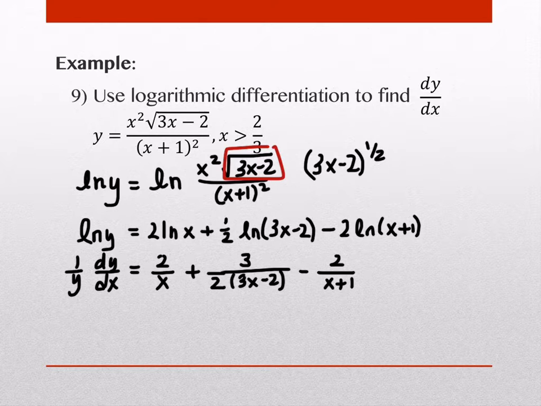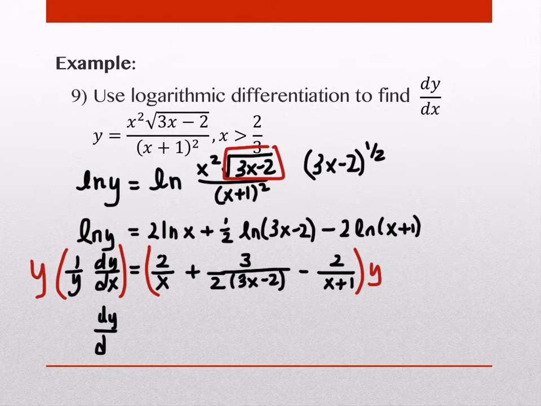Well, 1 over y. So how am I going to move that? Yes, I'm going to multiply everything on the right by y, but there's a catch. You know what y is. What is it? The mess from the beginning, right?